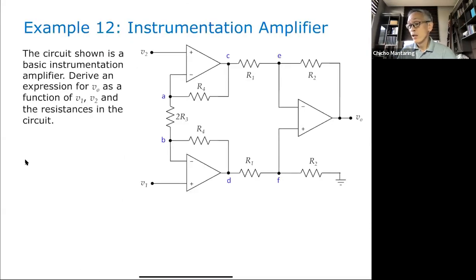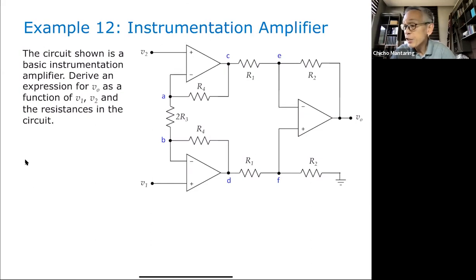Okay, here's another example. Here I have 3 amplifiers: you have two amplifiers here cascaded to this amplifier here. And this is what you call an instrumentation amplifier. Now, this is a true instrumentation amplifier.